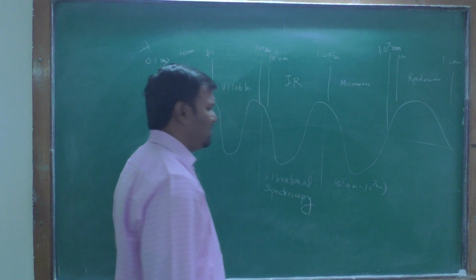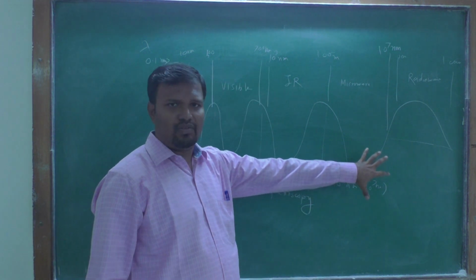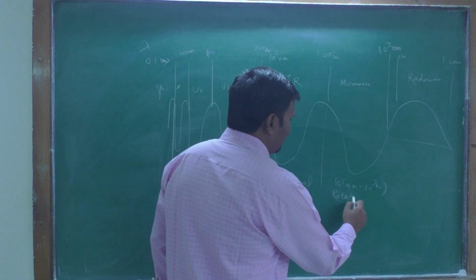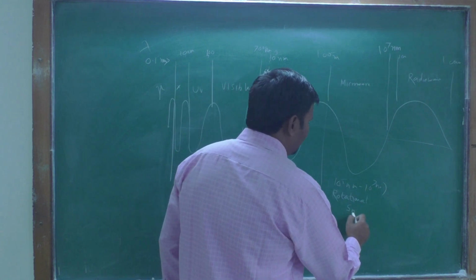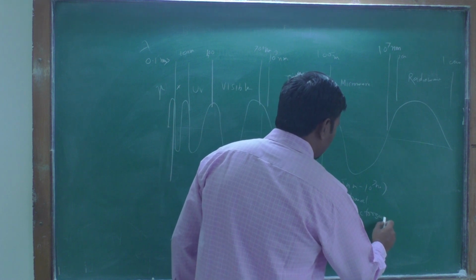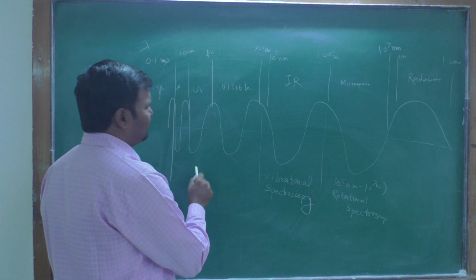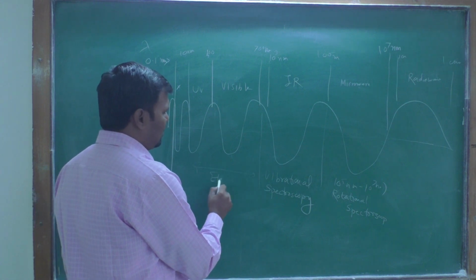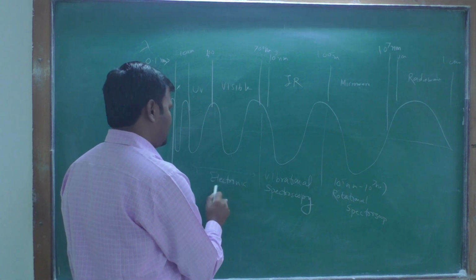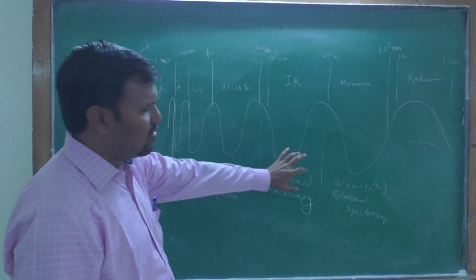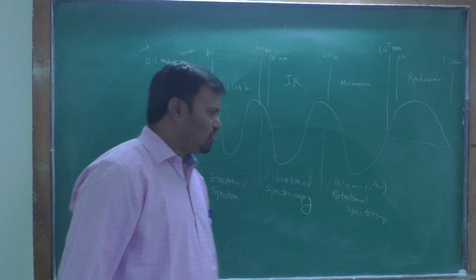In the microwave region there is rotational spectroscopy, and in the visible or UV region electronic spectra are obtained. We will study vibrational and rotational spectroscopy later on.